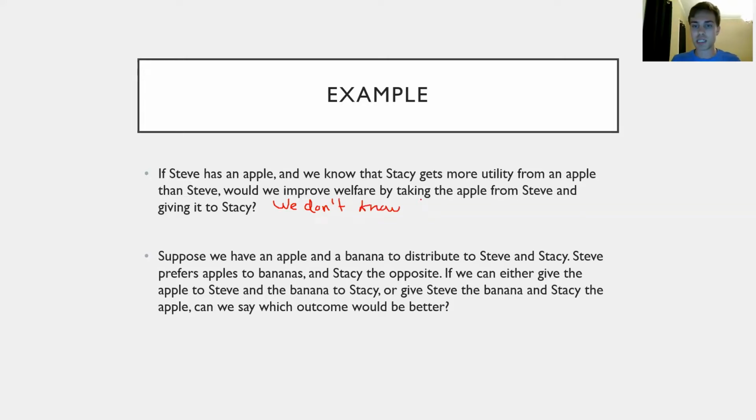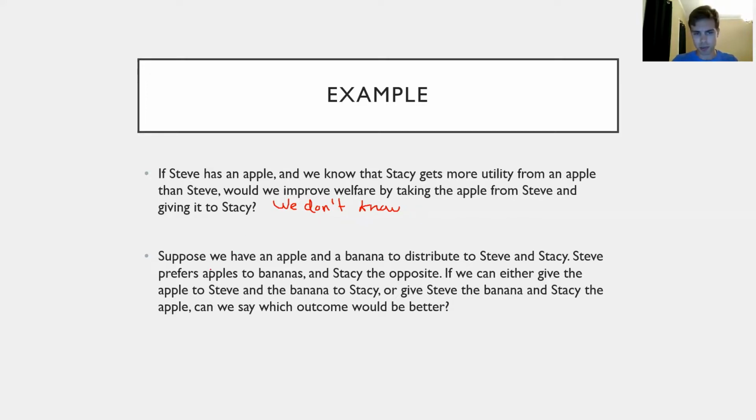Even though Stacy's utility from getting an apple may be higher, we can't directly compare Stacy's utility to Steve's utility. So we can't say whether society, or the 2 of them, are better off in total if Stacy gets the apple after we take it away from Steve.